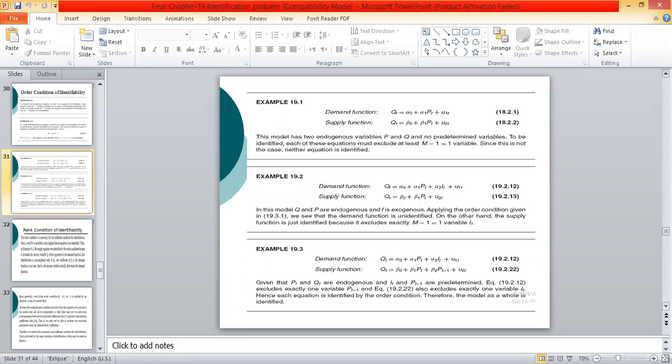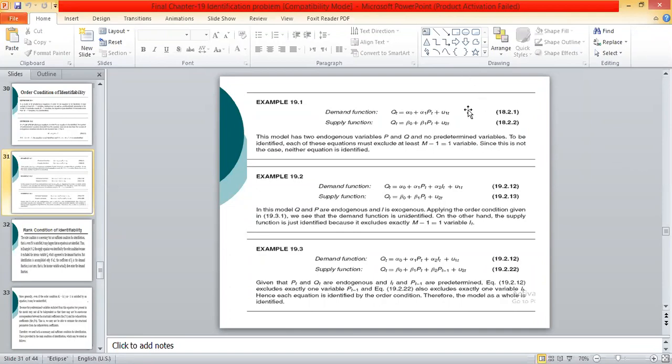It means that if the demand function is to be identified, it must exclude at least one variable that is excluded from the demand equation but present somewhere else in the model. But you can see that there are only two variables in the whole model, and both are in the equation of our interest.